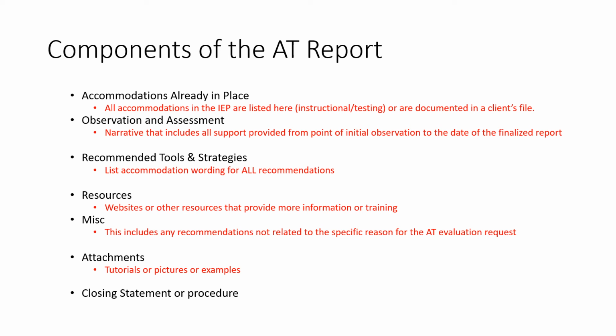Look at accommodations already in place. If there are any, make sure they're listed on your AT report and where they're coming from, if it's an IEP from 1992 or whatever the case may be.